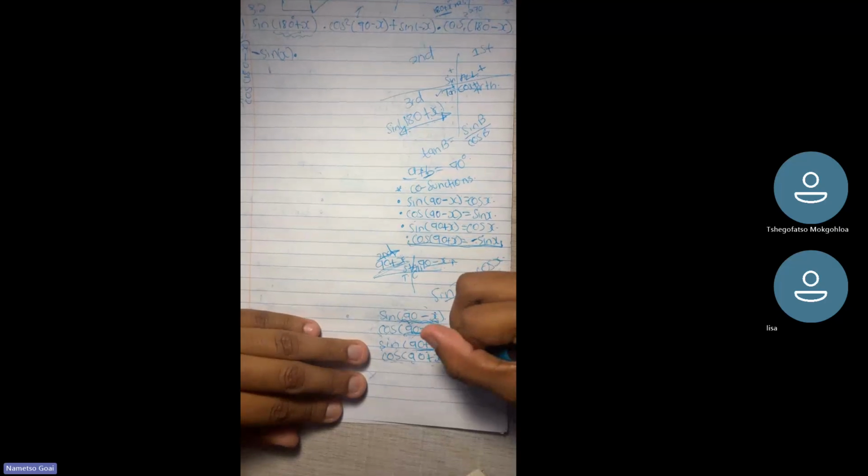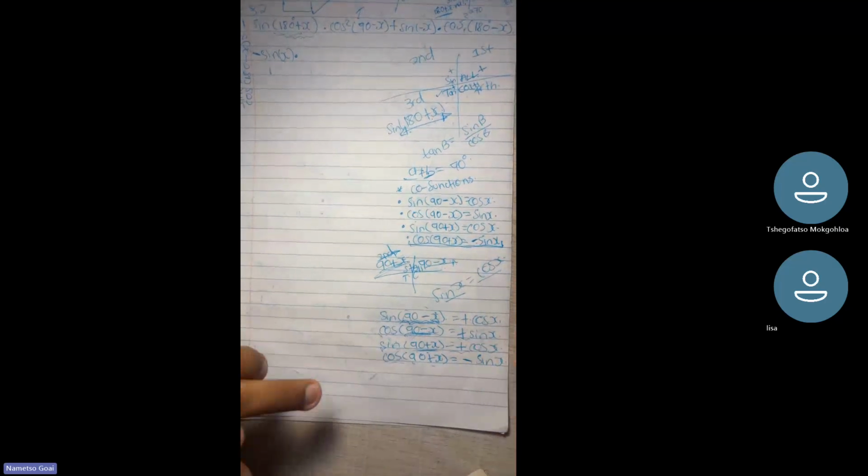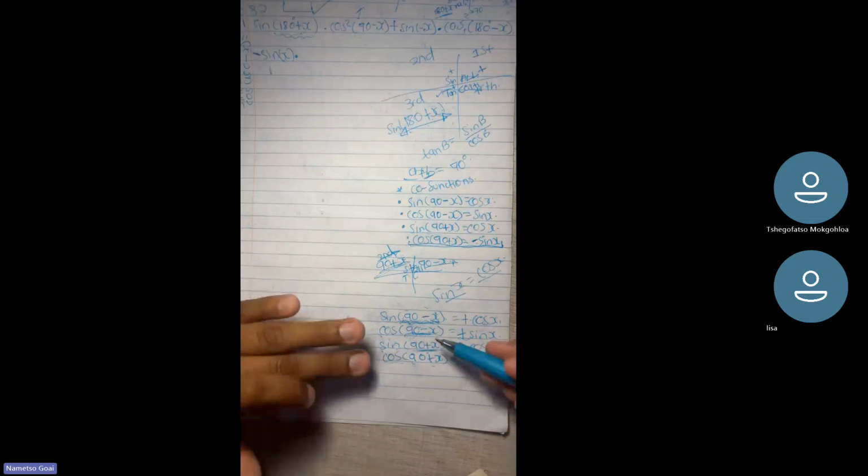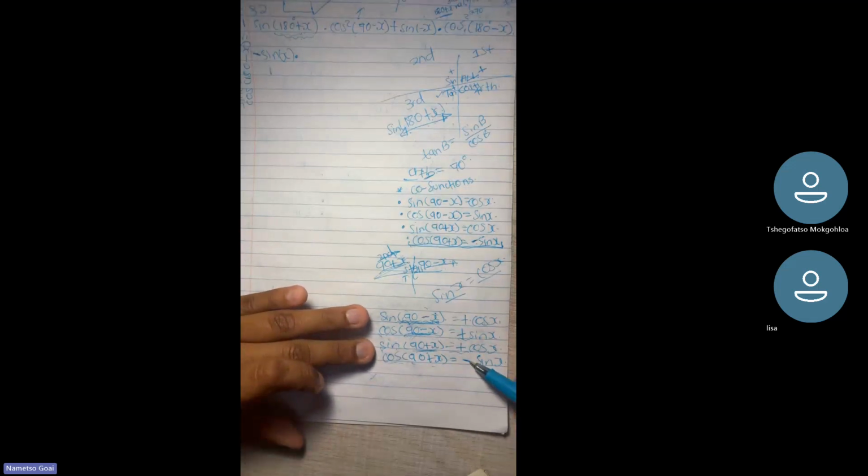So this negative just shows us that cos at 90 plus x is negative, multiplied by its co-function. You get that.